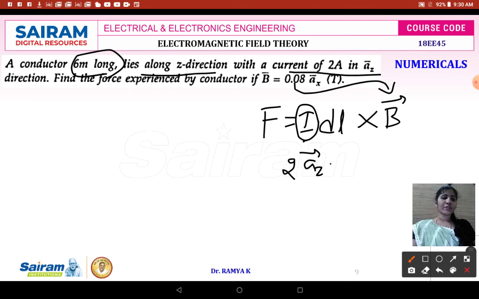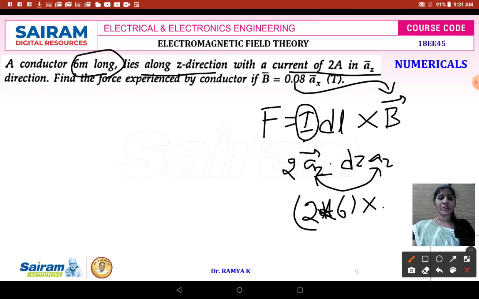So dl is dz into AZ, and the dot product of AZ with AZ is going to be 1. So finally here we will get 2 dz. The value of dz is going to be 6 meter. So 2 into 6 cross product with 0.08 Tesla.